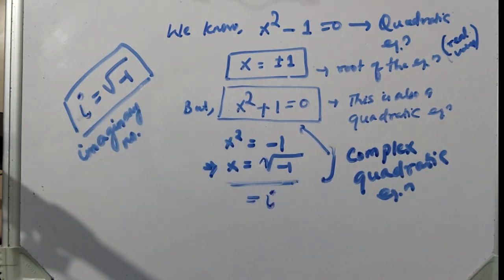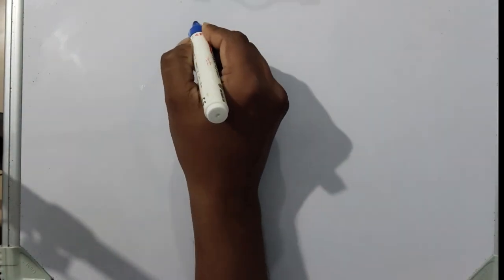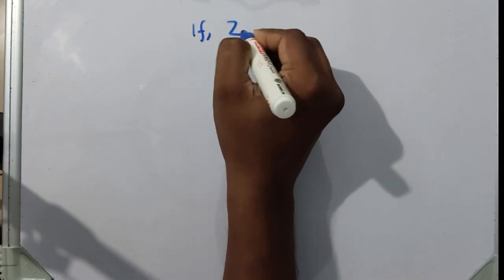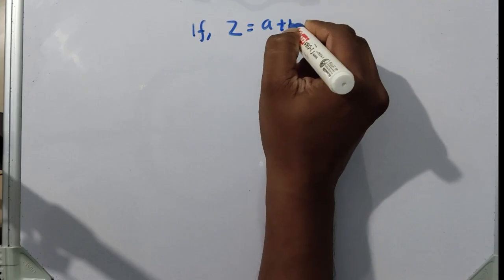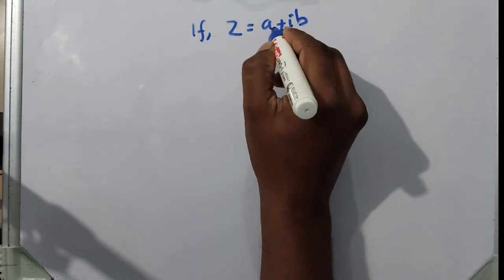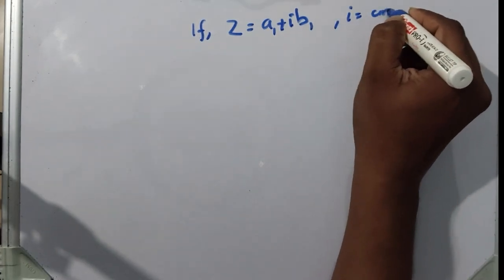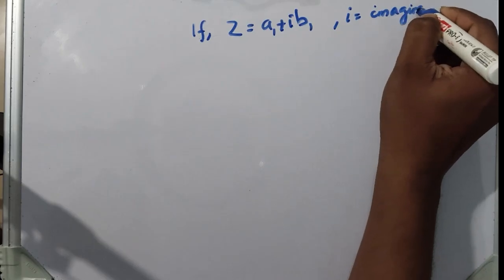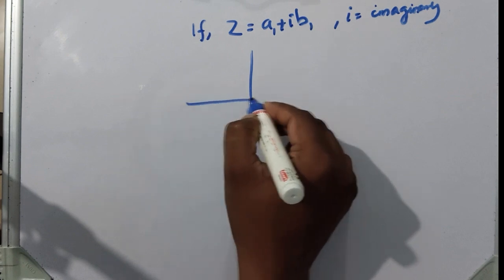Okay, but how will this help us in mathematics? Let us see how this will help. So we know if z is a complex number in the form of a plus ib, where i is an imaginary value, can we represent this on a coordinate axis?